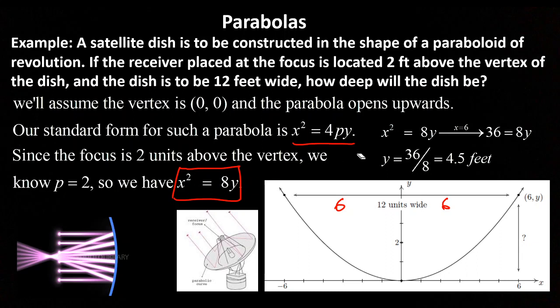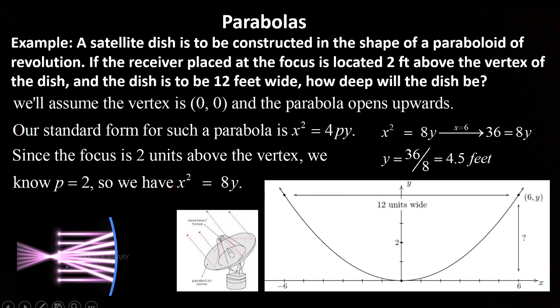For x. So 36 equals 8y, so y equals 36 over 8, which is 4.5. So how deep should the dish be? 0.5 feet, right? And that's it.